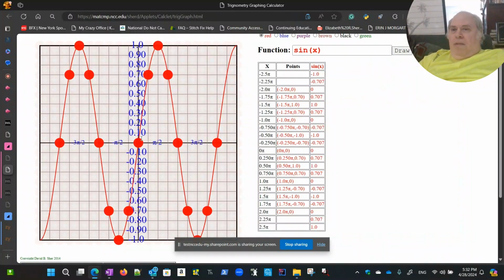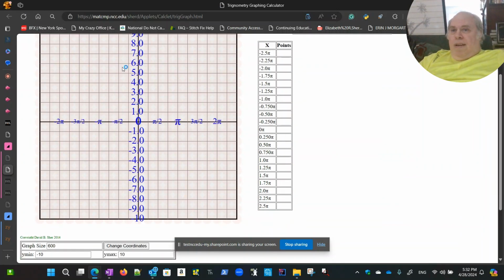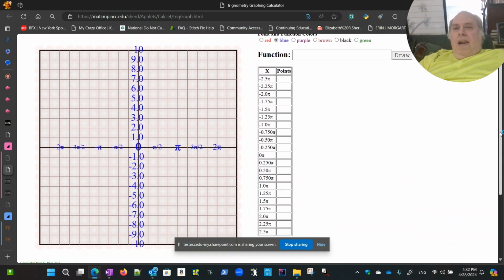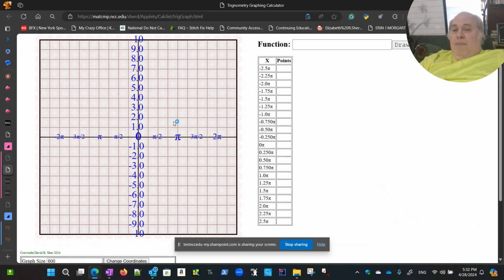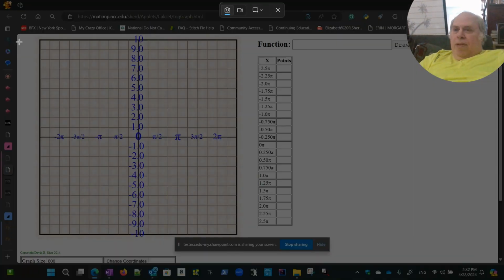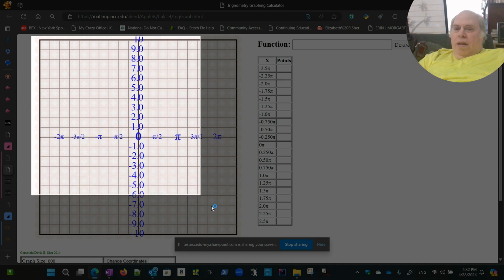So I'm going to go to my trigonometry graph paper and get a fresh piece of graph paper like this. And you see now we're going from -10 to 10 on the y-axis, which is where we're going to go most of the time. I'm just going to copy a piece of graph paper into our notes because I'm going to draw on it.